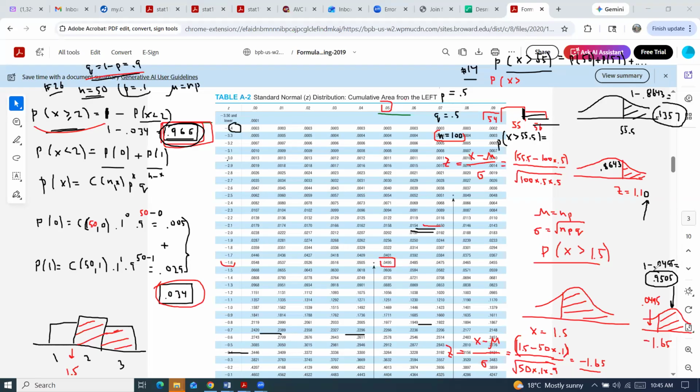It's approximation by normal distribution of my binomial distribution. So 95% is what I produced, but the reality is 96.6%. It's close. It's not exactly the same because it's approximation, but they say it's good enough approximation.